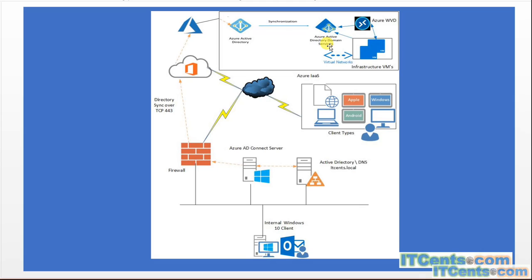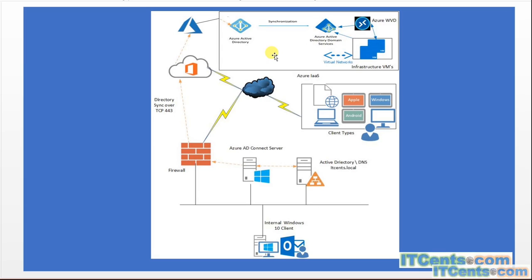This is a solution for those organizations who want to have certain group policies and want Windows Virtual Desktop joined to a domain. However, they don't have ExpressRoute or site-to-site VPN, so their Windows Virtual Desktop cannot join on-prem AD. So the workaround or the solution is to deploy Azure Active Directory Domain Services so that your Windows Virtual Desktop VMs or Azure VMs can join Azure Active Directory Domain Services.